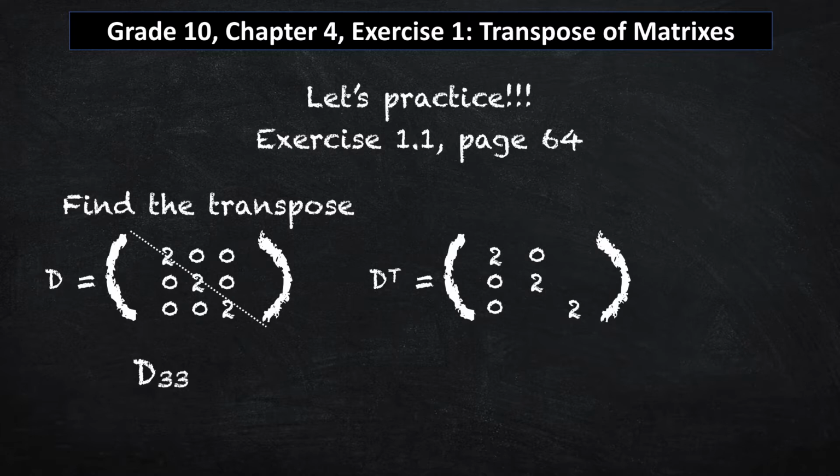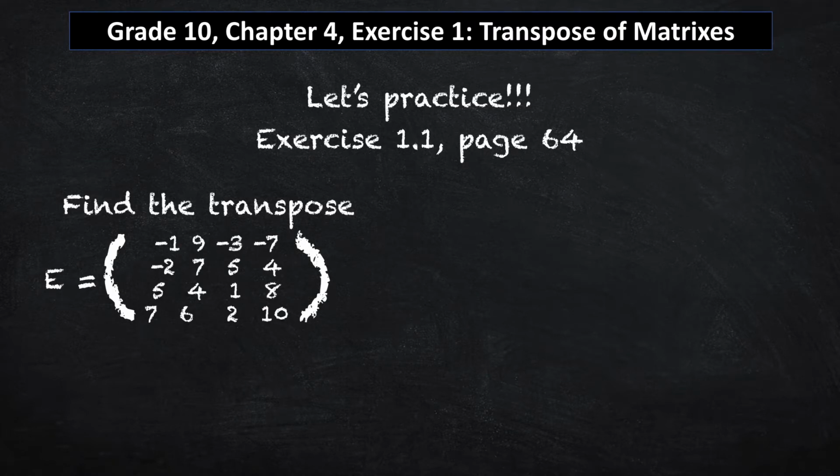The first column of the matrix D will become the first row of the transpose matrix, and so forth till we compute the complete transpose. Also in this case, since all the elements that are not on the diagonal are zeros, the transposed matrix D is the same as the initial matrix D, and it's also a 3 by 3 matrix.